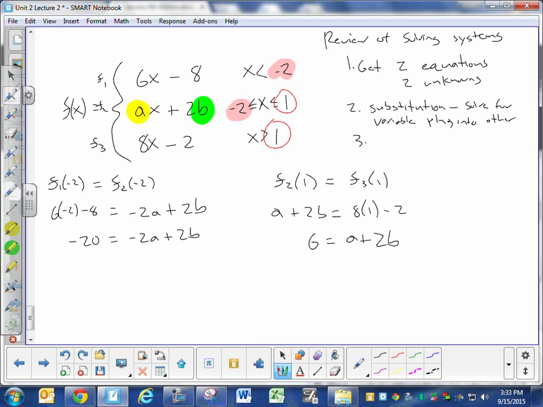Or you can use the elimination method, which is to stack your equations and then add them together after you've created opposites. I like to call it the stack and add method.